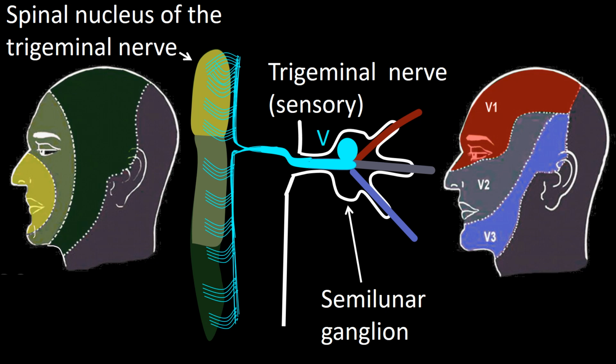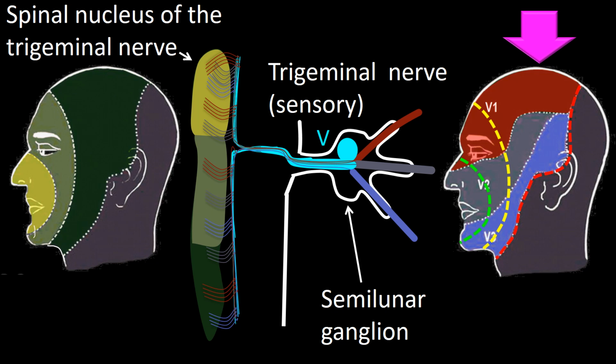Depicted in aqua in this frame, you can see the central axons of the neurons in the semilunar ganglion bringing sensory information to the trigeminal spinal nerve nucleus. Those for V1 end up in all three areas of the trigeminal nucleus. So do the ones for V2 and V3.